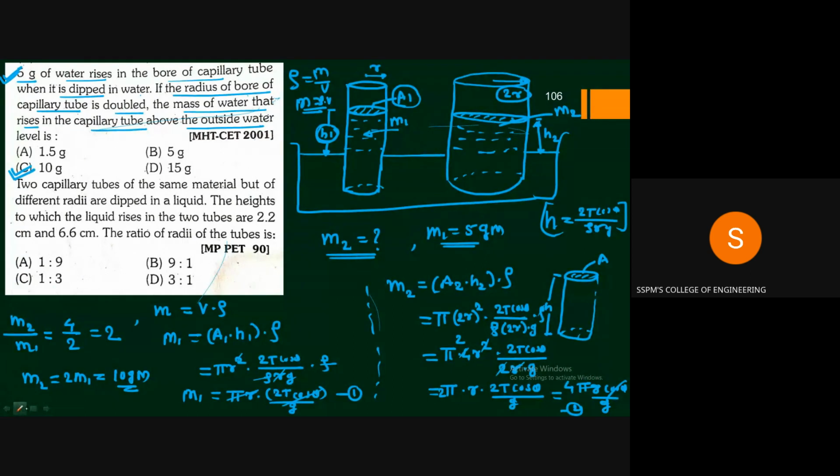Okay, now refer to the next problem. Two capillary tubes of the same material but of different radii are dipped in the liquid. The heights to which the liquid rises in the two tubes are 2.2 centimeter and 6.6 centimeter.